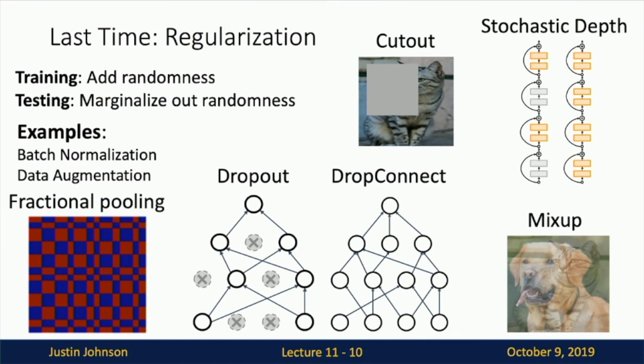But last time we saw this much more general class of regularizers commonly used in neural networks, whereby in the forward pass we inject some kind of noise to mess up the processing of the neural network in some way, and then during testing we marginalize out or average out that bit of noise. As examples of this paradigm of regularization, we talked about things like dropout, fractional pooling, DropConnect, stochastic depth, and these crazy ones like cutout and mixup that are actually used in practice quite a bit.